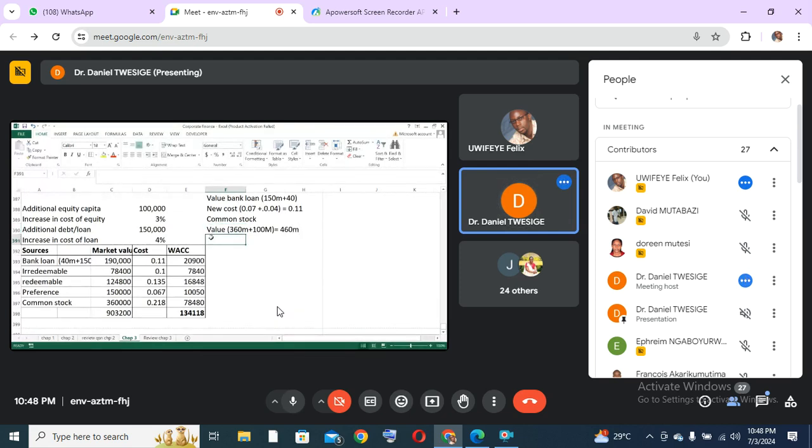Then the cost will be 0.218 plus 0.03. We get 0.248. I think it becomes clear now.